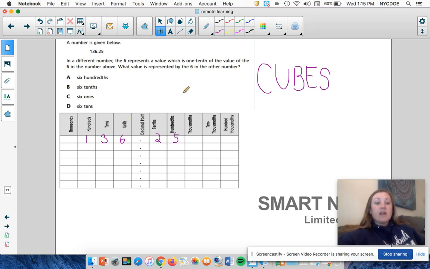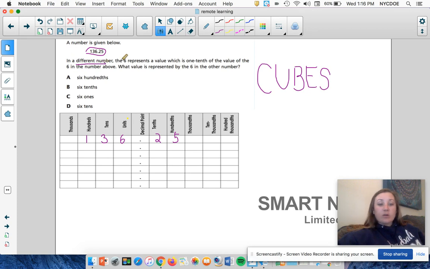In a different number, the 6 represents a value which is 1/10 of the value of the 6 in the number above. What value is represented by the 6 in the other number? Okay, so this is the given number, 136 and 2500s. We don't know the different number.